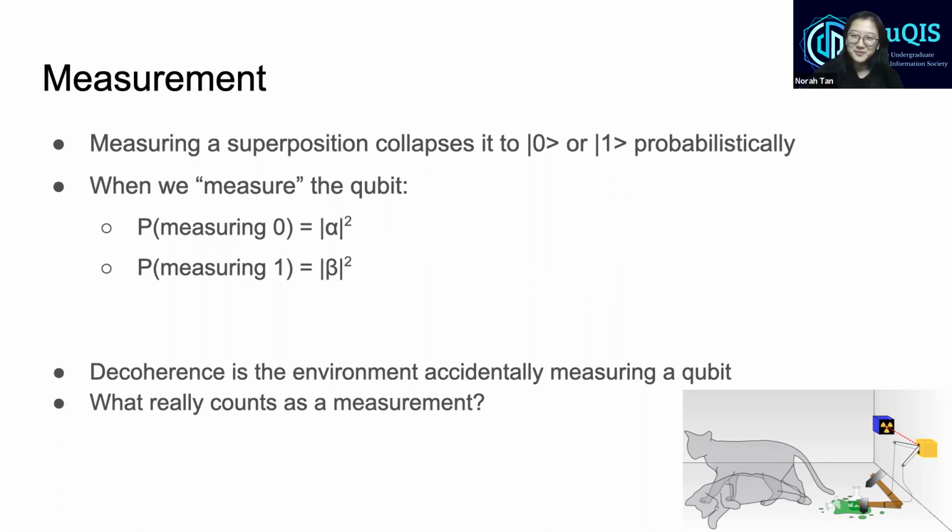Okay. I think it's a pretty good point before we proceed to quantum circuits and entanglement. Does anyone have any question about what we just talked about? Modulus squared of alpha and beta.